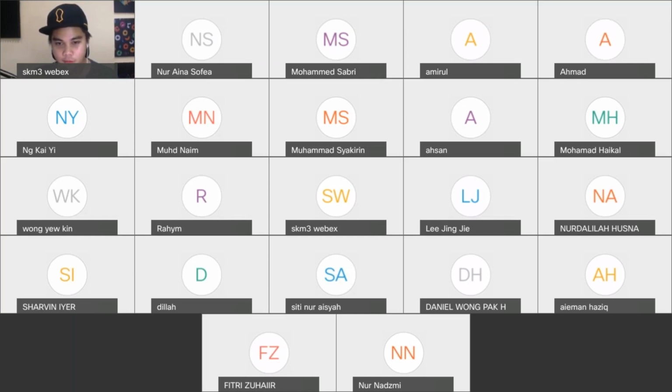Algorithm and the flowchart, I can see here. Let me share the screen. For group number 1, I would like a volunteer to explain the algorithm and the flowchart. You can assign one volunteer for the algorithm and one for the flowchart. Everyone, please listen. Who wants to be the volunteer for group 1?